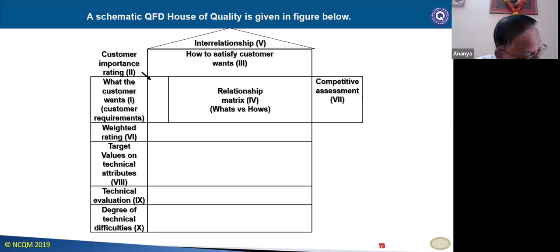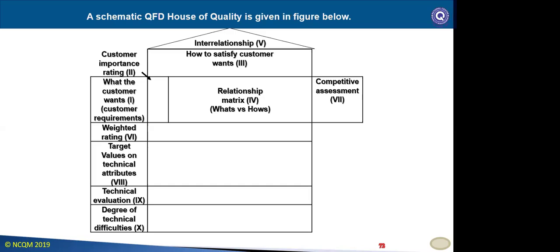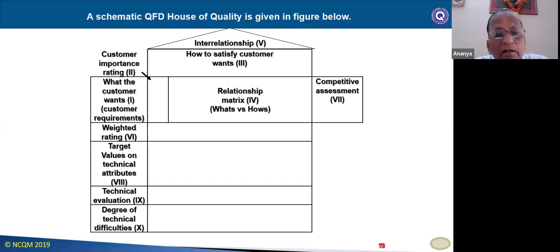So what can we do? The one which is very important, we have to really look at that and try to satisfy and find out the way. So techniques like brainstorming, affinity diagram and other techniques can be used, where you generate alternate ways of meeting a particular requirement. So that is number 3.